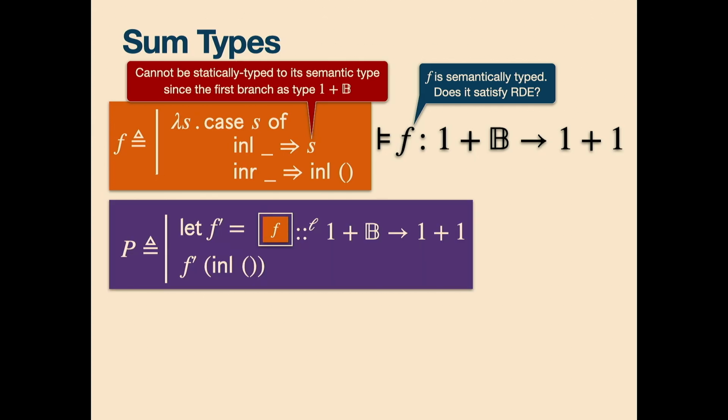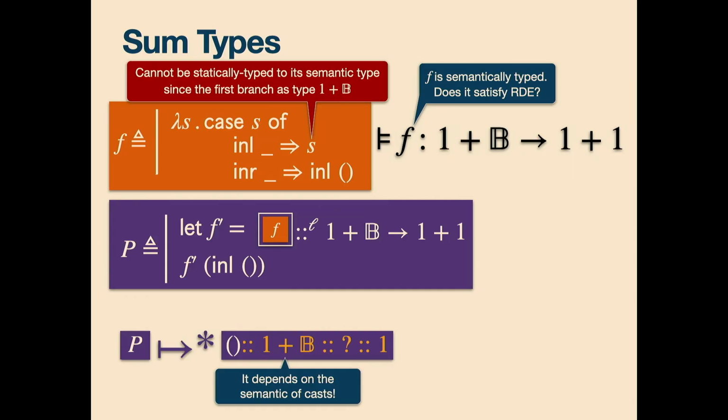So what happens if we embed it into a gradual language? We take this function f, embed it, and ascribe it to its semantic type, and we apply this embedding and ascription to inleft of unit.